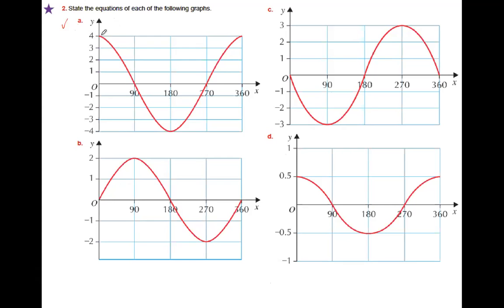This one doesn't start at 0, so I know it's got cosine in it. It's got 360 degrees. So I know it's cosine x. Now I need to deal with my amplitude. The normal cosine x, if it's 1 cosine, starts at 1, whereas here it starts at 4. You just write 4 cos x. So to state the equation, you can just say y equals 4 cos x. That's how easy it is.